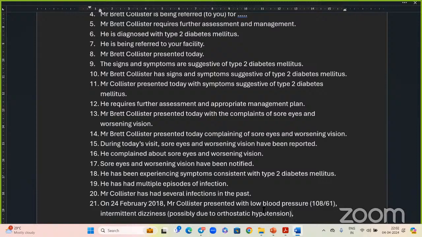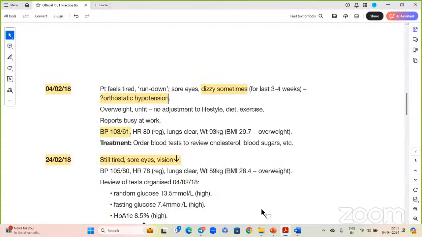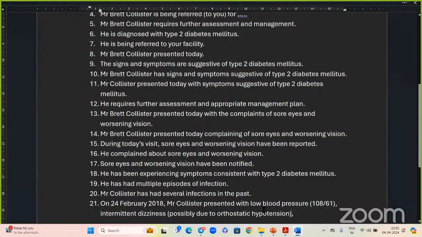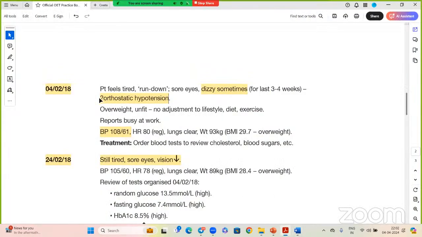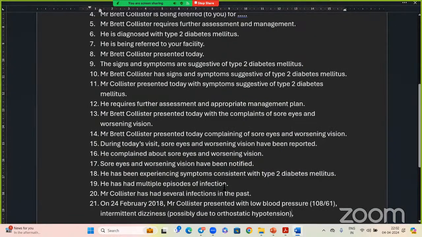Possibly, question mark means possible, might be. Dizziness might be orthostatic hypotension. So this may possibly be, might be orthostatic hypotension.